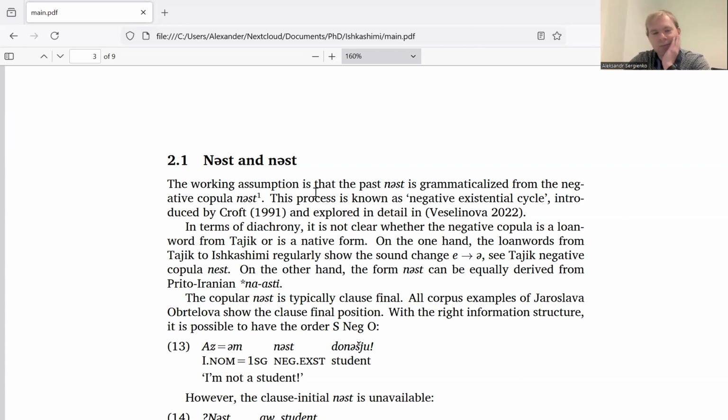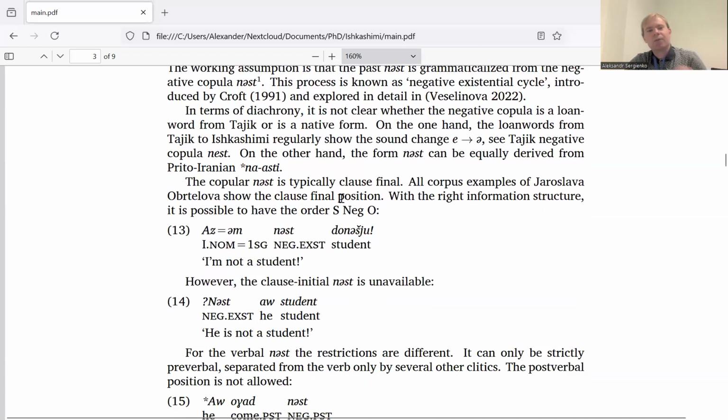Now it's different from the Jespersen cycle. So yeah, let me explain. The Croft cycle is a notion where we compare the negation in copula to negation in lexical verbs. In the first stage of the cycle, the negation in the copula is the same as in proper sentential negation.